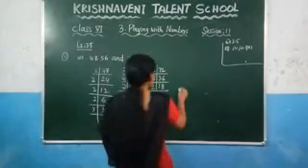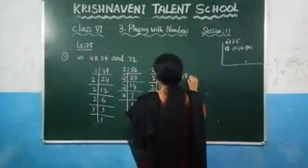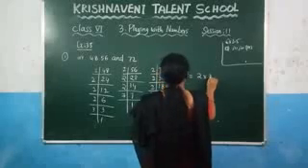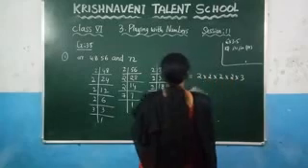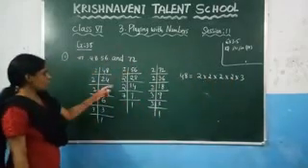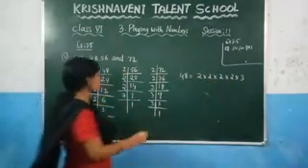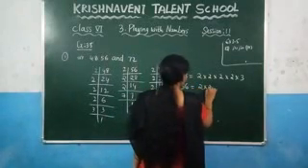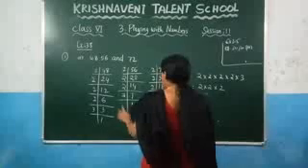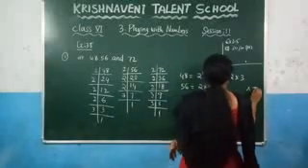So write it here. How can you write 48? We can write it as 2 into 2 into 2 into 2 into 3. Right? And after that 56. How many 2s are there? 3 twos. So write it here 56 is equal to 2 into 2 into 2 into 7. So write it here separately.